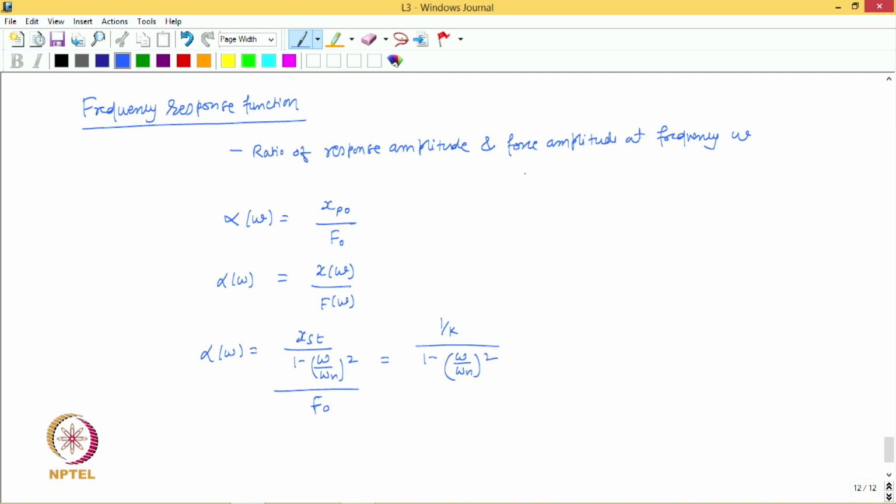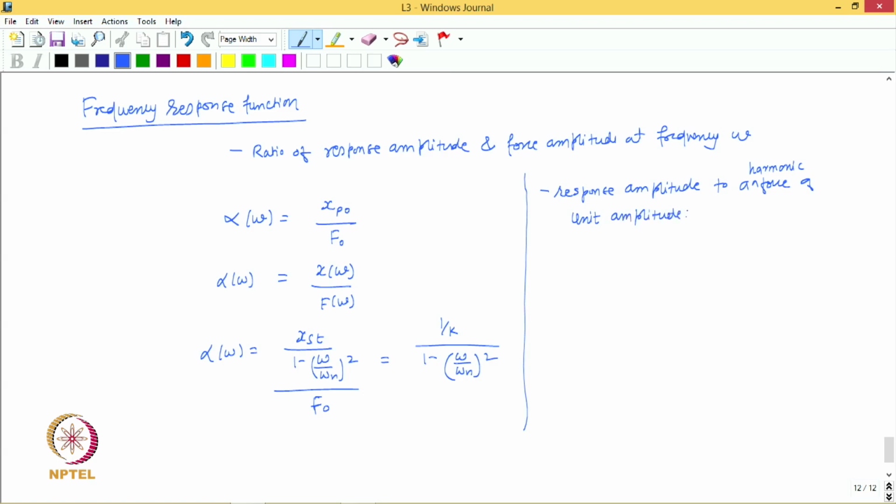So the frequency response function essentially tells us the amplitude of the response of the system to a harmonic force of unit amplitude.